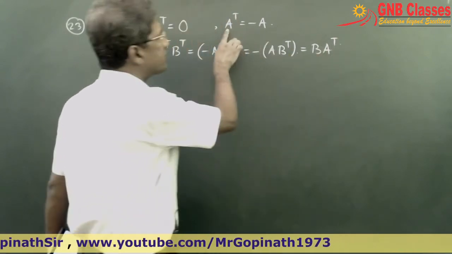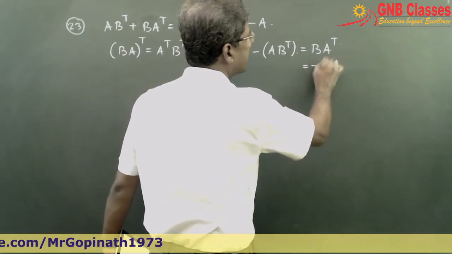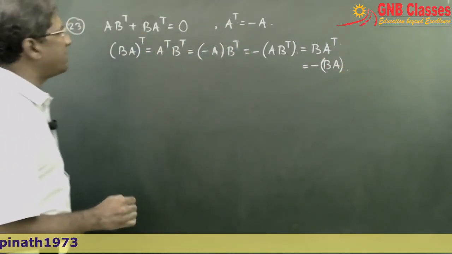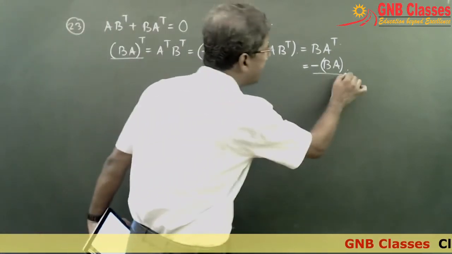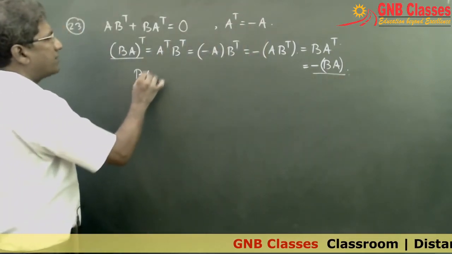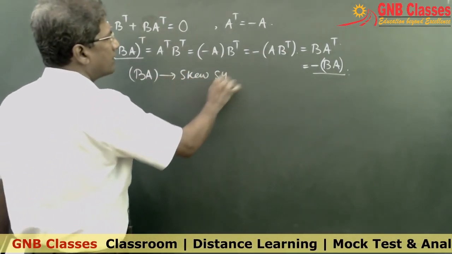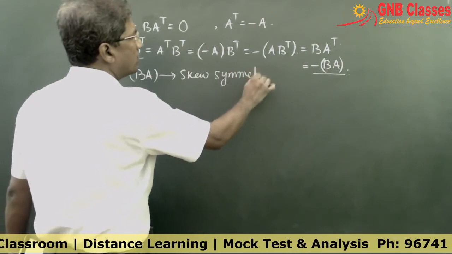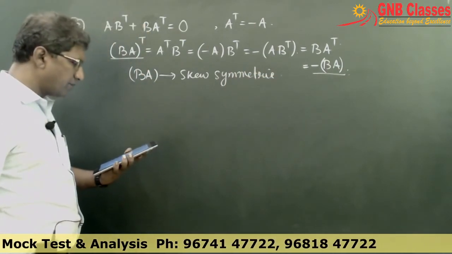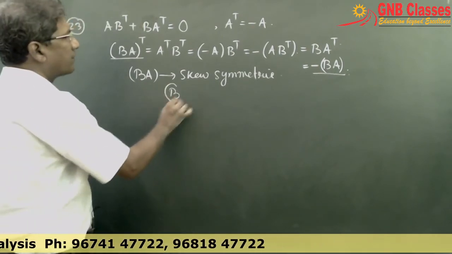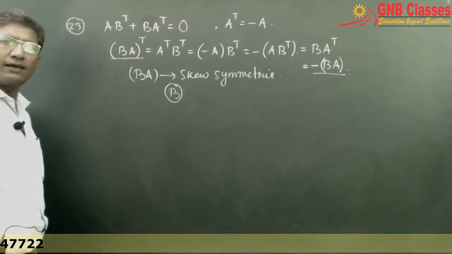Now A transpose again can be replaced by minus A, so we are getting it as BA, minus of BA. Is it clear? So we got BA transpose is nothing but minus BA, hence we can say that BA is a skew symmetric matrix. Is it clear? Therefore our option B is correct. Option B is correct for question number 23. Is it clear?